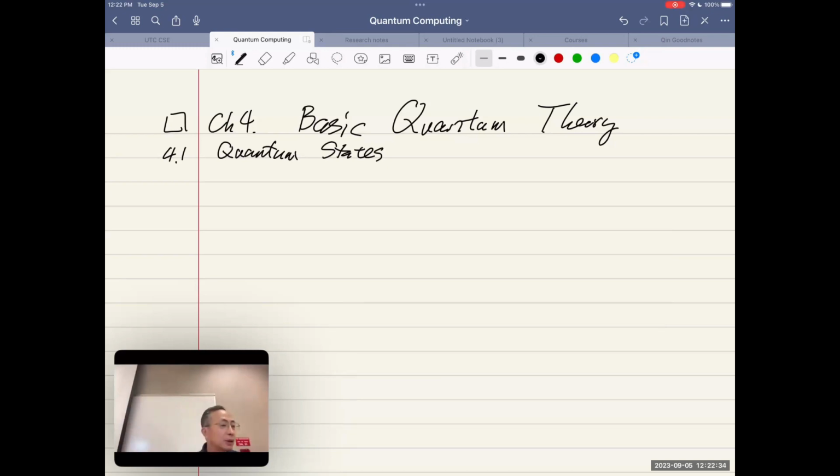So the basic idea of quantum state really starts from the particle and wave concept. When we look at the world, there are particles, there are waves, but there are many things that are both particle and wave.